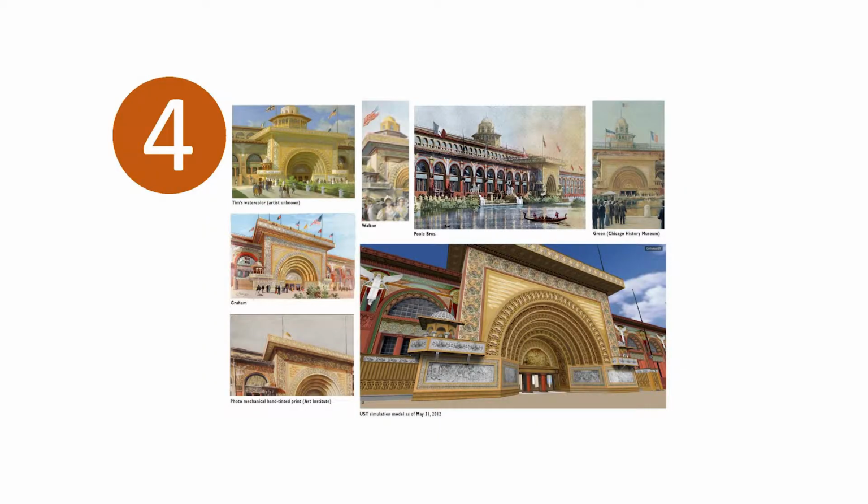And in this particular case, I had to look at coloration. 1893 is before color photography, so I had to rely on text evidence. I had to rely on watercolors, illustrations, printed books that had been hand-tinted, printed lantern slides that had been hand-tinted, oil paintings, and so on, to try to come to the final coloration scheme for this.